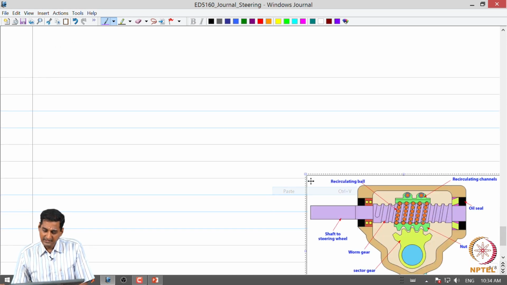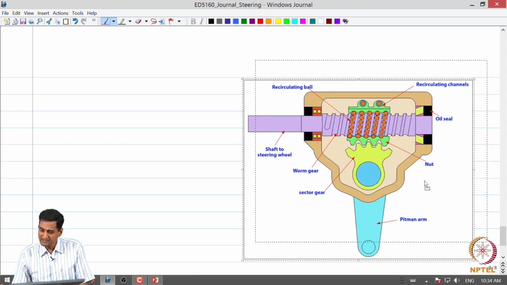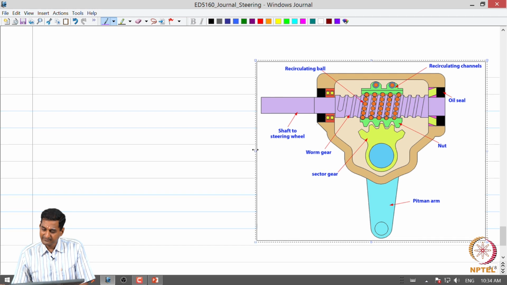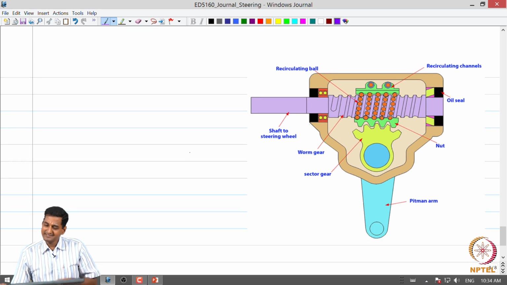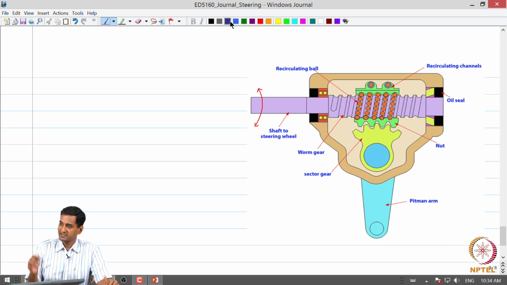So, in the recirculating ball type steering box, what happens is the following. We can still observe that the motion from the steering wheel is transmitted to the worm gear, right.